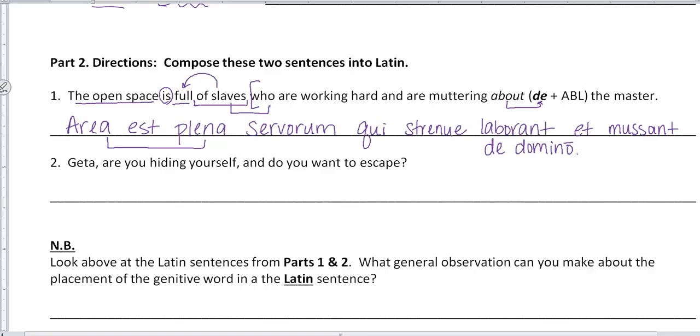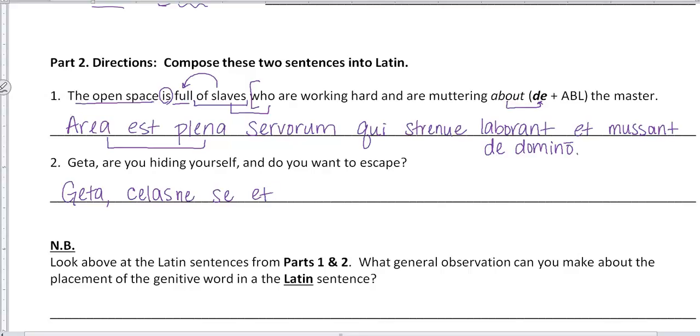That's number one. All right, number two. Geta, are you hiding yourself and do you want to escape? Geta is vocative, the same. Are you hiding yourself? To hide is celo, celare. So you are hiding, celas. And remember, we've got a question. So we can throw that ne on the back there. Celas ne. Say, are you hiding yourself?